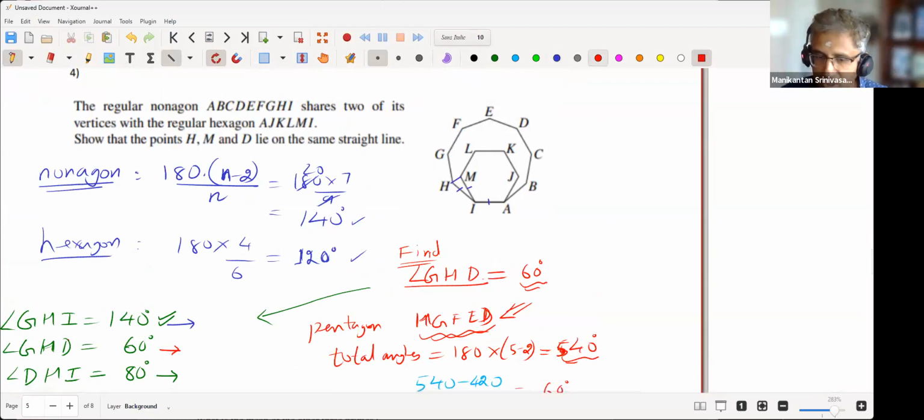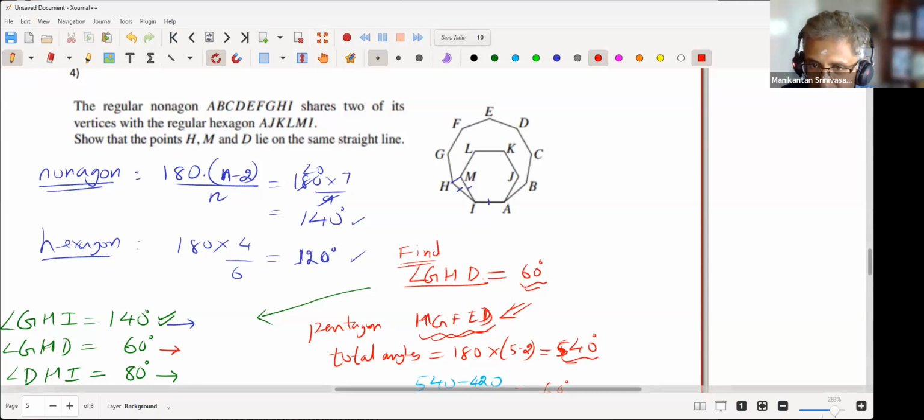In it, we already saw at the very beginning that the small angle here was 20 degrees. Sukrit started by saying it's 140 minus 120, therefore this is 20. If this vertex angle is 20, then each of these two angles should be half of the remaining balance, which is 160 divided by 2, which is 80. Therefore, MHI is 80.